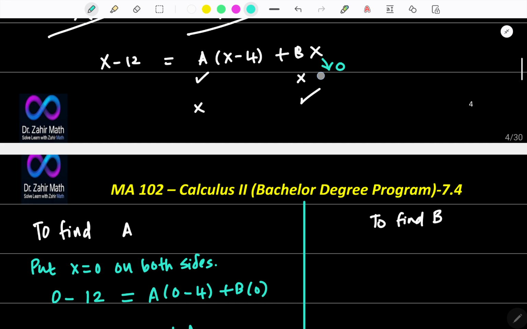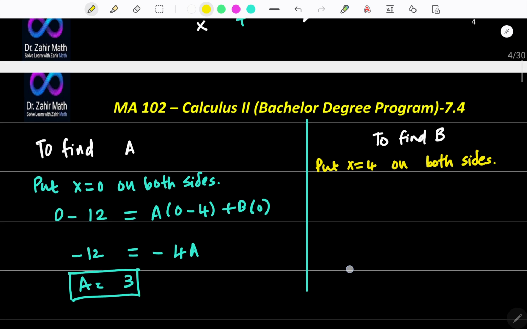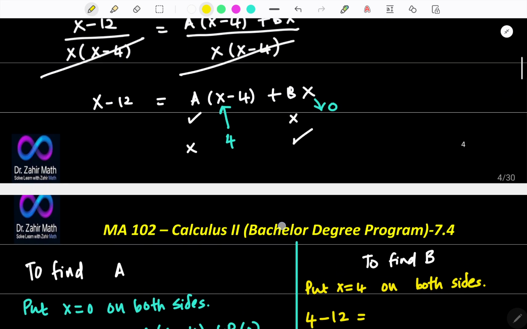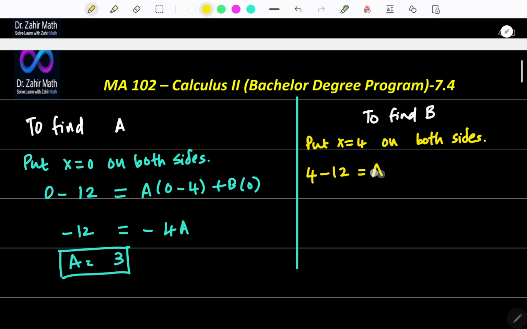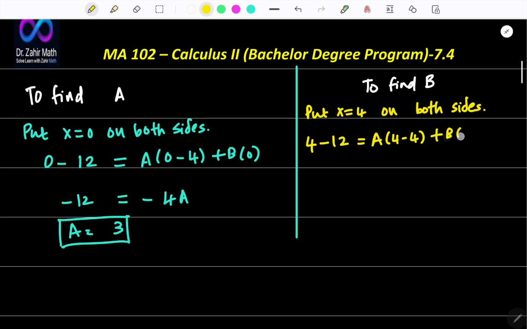So let's go for finding b. I want b, but at the same time, I don't want a. So what should I do? I have to choose x equals 4. If I choose x equals 4, automatically this becomes 0. So put x equals 4 on both sides. 4 minus 12 equals a times (4 minus 4) plus b times 4, right?